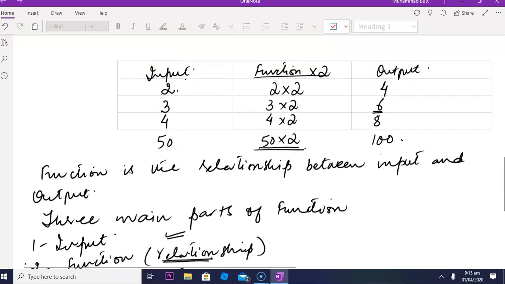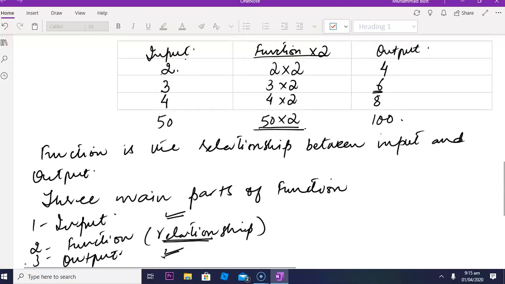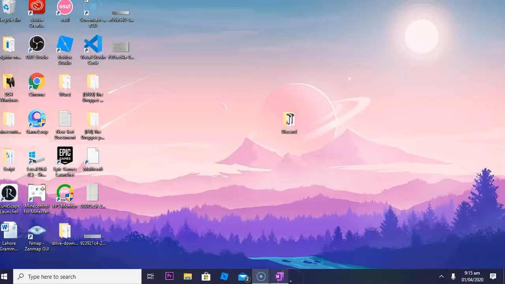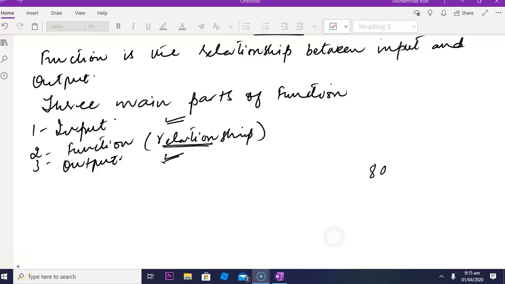In this example, if someone is telling you that the output is 80, the function of the machine is to multiply the input by 2, and you have to find out the input. Output is given to you and you are supposed to find out the input.